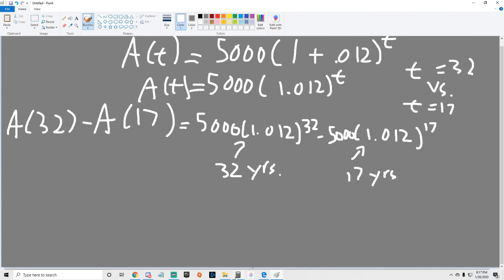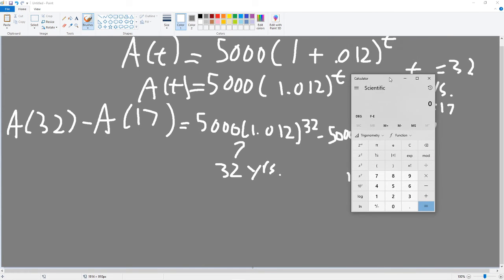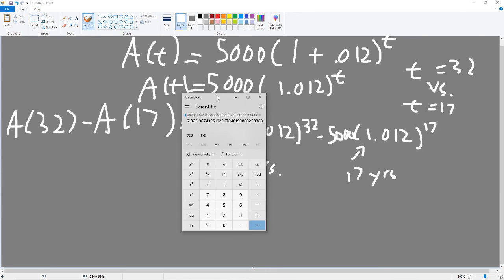So let's do exactly that. Remember, you should have a calculator for this. 1.012 to the 32 times 5,000, minus 5,000.